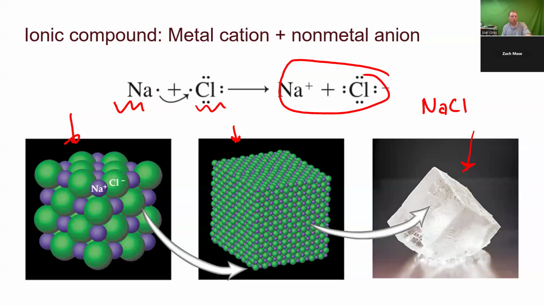What is the overall charge, the net charge of NaCl? A sodium ion and a chloride ion. What is the net charge? Add it to the chat. Neutral, also known as 0. Maddie, you're absolutely right. So collectively, NaCl has a 0 overall charge.